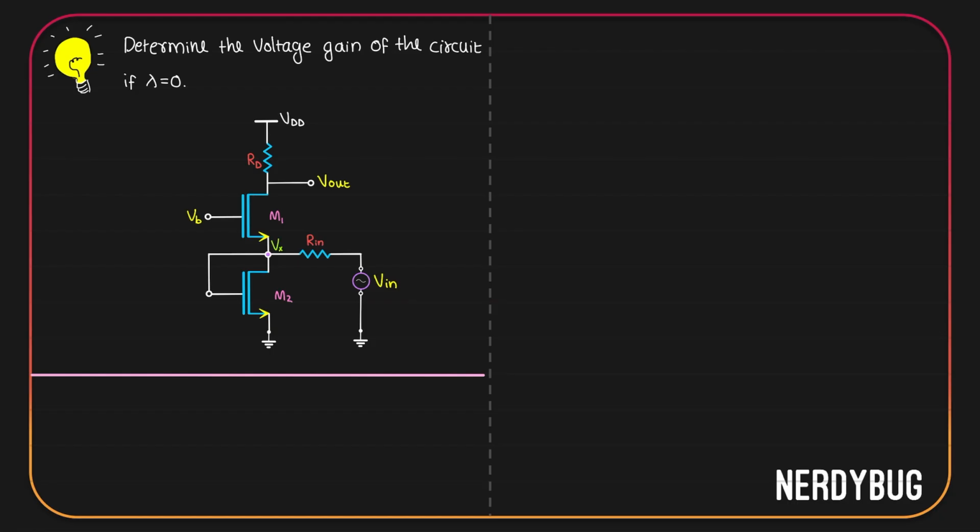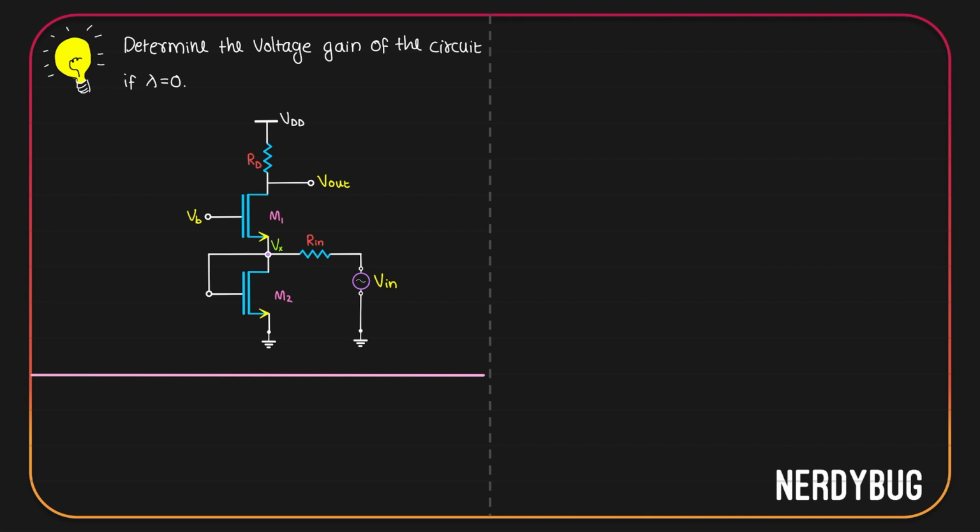Now, as we have already seen, if I look into the source, I'll see an impedance of 1 by transconductance. So this much of the circuit, if I am looking through the source, can be considered as a resistor whose resistance is 1/gm1. How about M2?